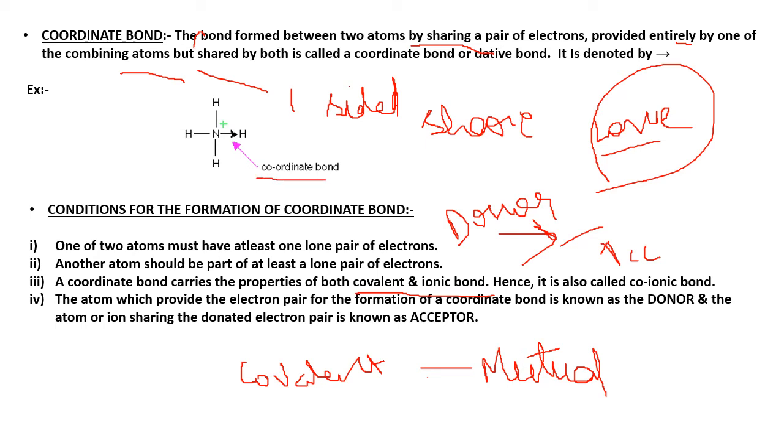In ammonia, we know that nitrogen has 5 electrons in the outermost shell. Out of these, 3 participated in bond formation. Besides this, 2 lone pair electrons remain unreacted. This is a lone pair. Hydrogen requires 2 electrons to complete, so nitrogen will provide it through the coordinate bond.